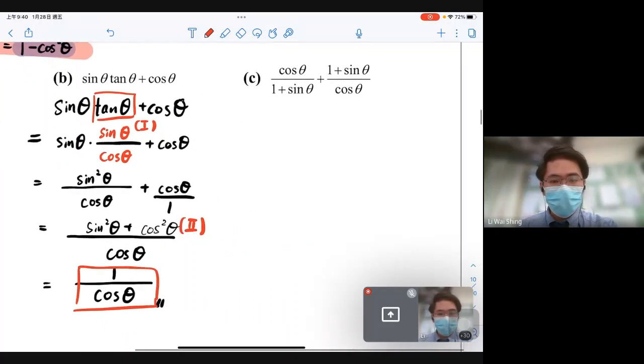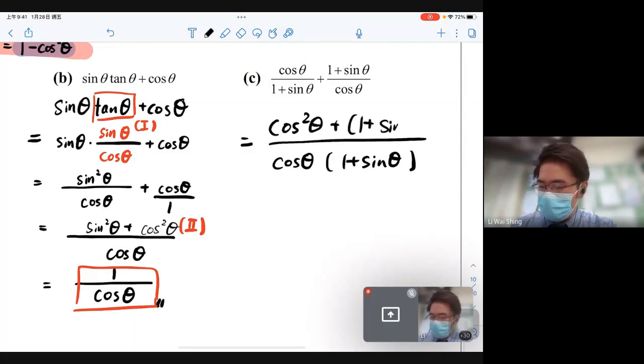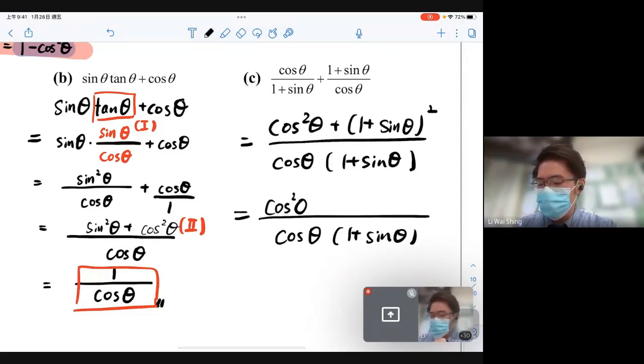All right? So the last one, I'll do it very quickly. First step, you use a common denominator. Then you will have cosine square theta plus (1 plus sine theta) to the whole square. In the denominator, you still keep it. But in the numerator, you can expand it. The numerator equals 1 plus 2 sine theta plus sine square theta.